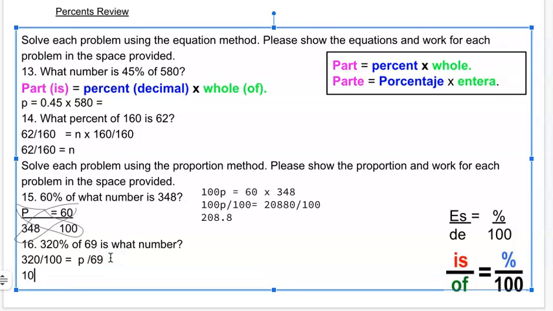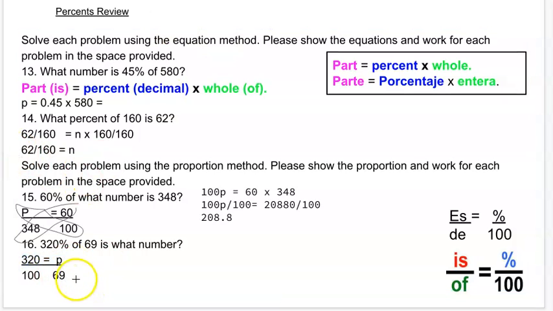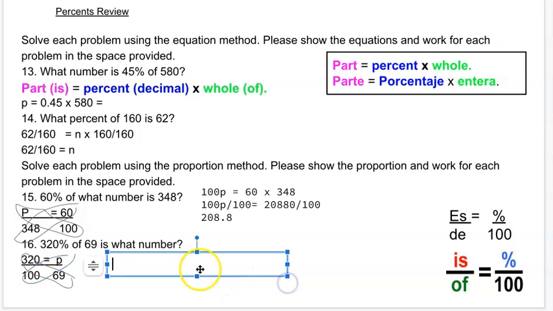I'm going to rewrite this as a fraction so it's easier to cross multiply. P over 69. Let's put a fraction line in and cross multiply: 320 times 69 and 100 times P. I know you might be like, why'd you flip it?